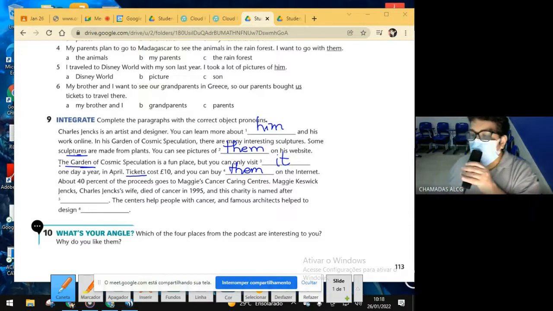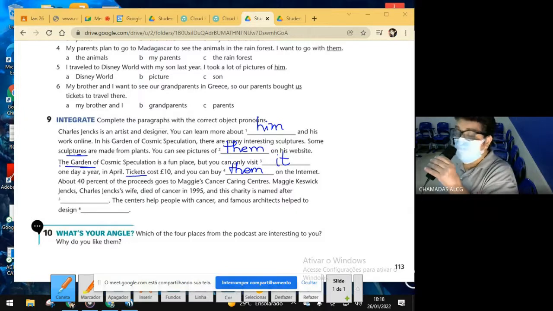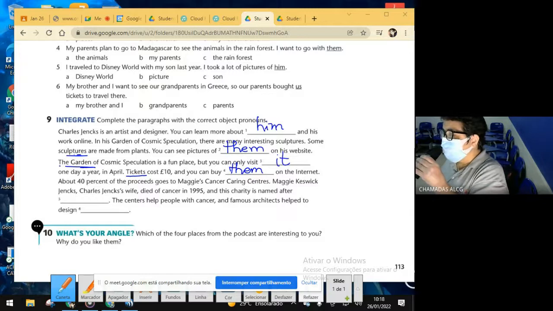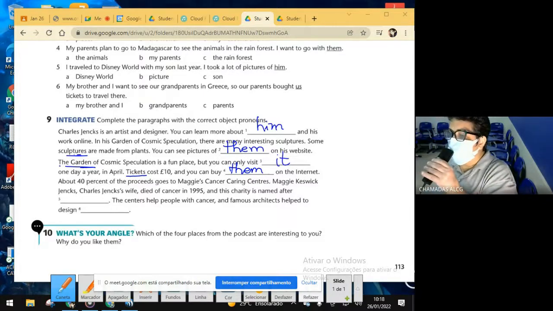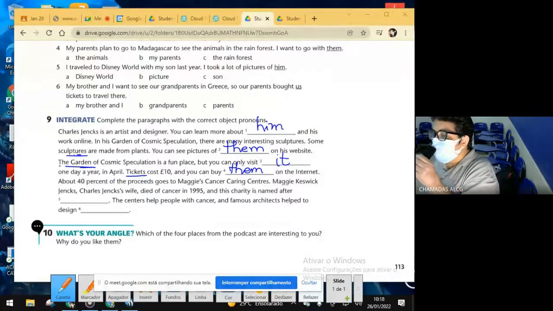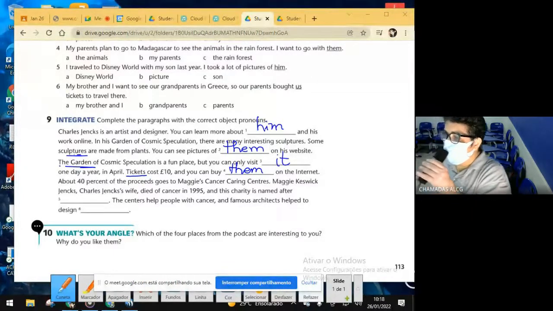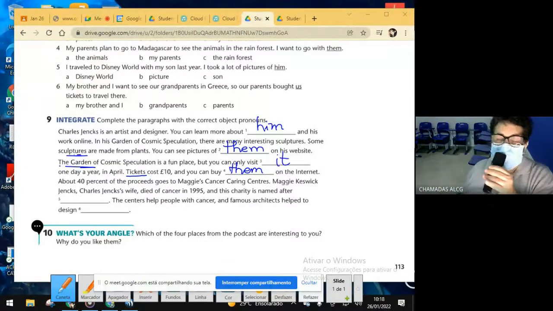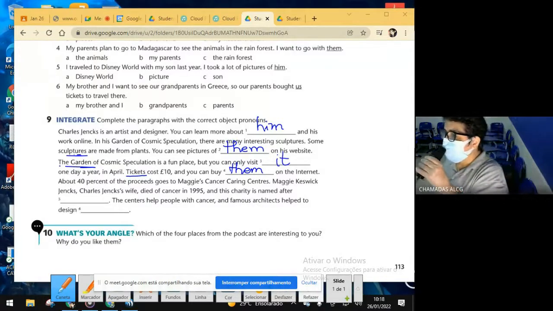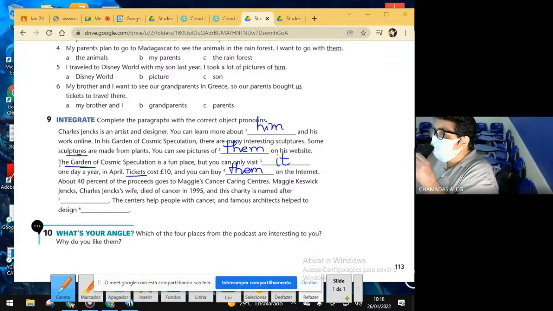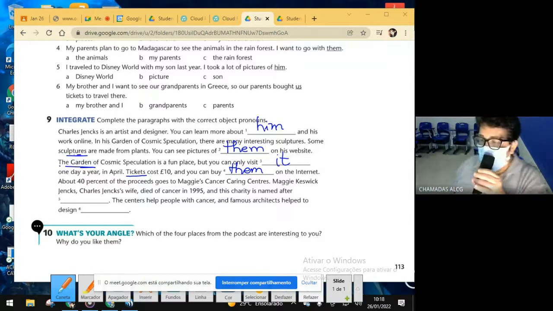About 40% of the proceeds goes to Maggie's Cancer Caring Centres. Maggie Keswick Jenks, Charles Jenks' wife, died of cancer in 1995. Oh, I'm sorry. And this charity is named after, referring to Maggie, named after her.